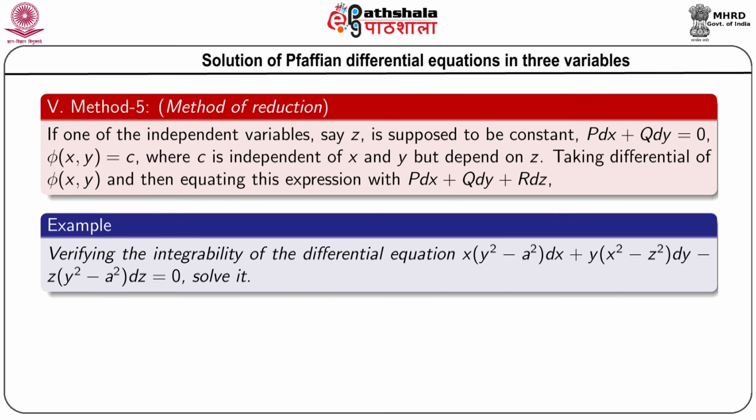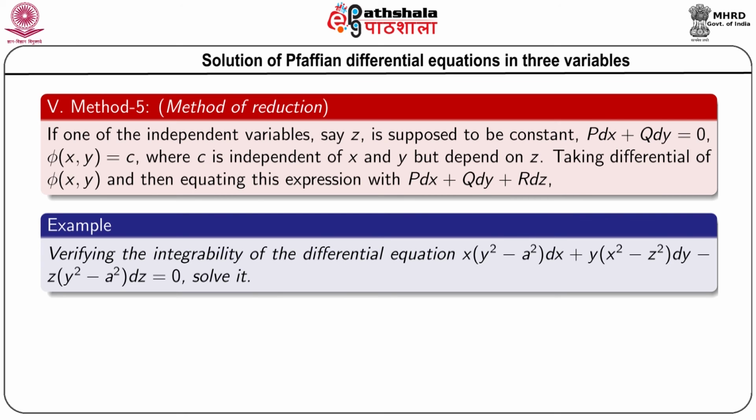Here c is independent of x and y, but c may depend on z. Now, taking the differential of φ and equating it with p dx plus q dy plus r dz, we will get an equation in c, x and y, and that will give the integral of the given equation.